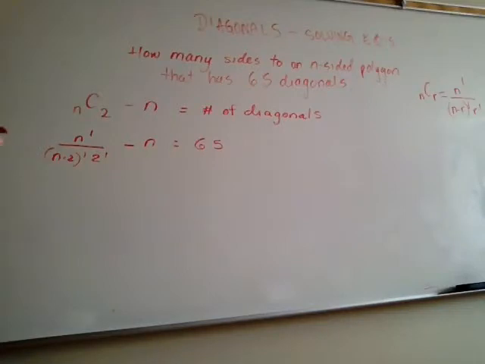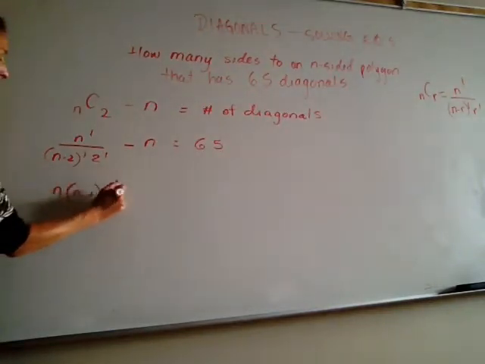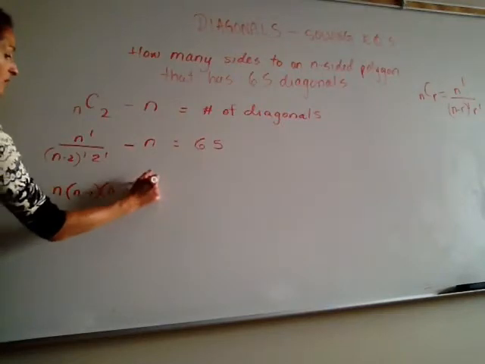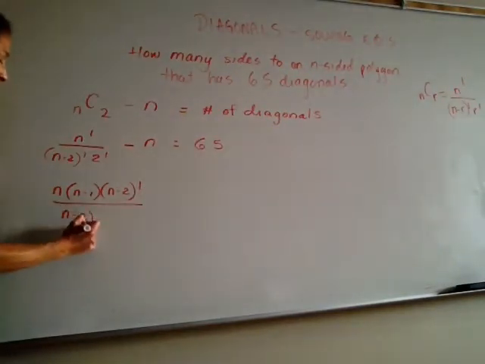Now I alluded to it earlier. In order to simplify this, we have to expand the n factorial. N factorial can be expanded until we get a factor that can be cancelled out. So n factorial will expand to n times n minus 1 times n minus 2 factorial. And I stop there because I can cancel out the n minus 2 factorials.